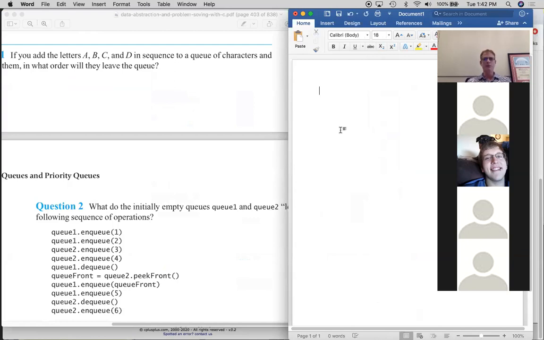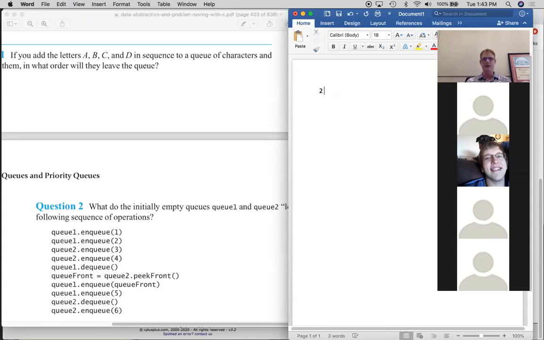After I call NQ 1, my queue is going to look like this. And then I NQ a 2, so it's going to look like this. Then I NQ a 3, then I NQ a 4. The 1 is at the front, right? The 4 is at the back. So when I call DQ, that means take the 1 off the front.